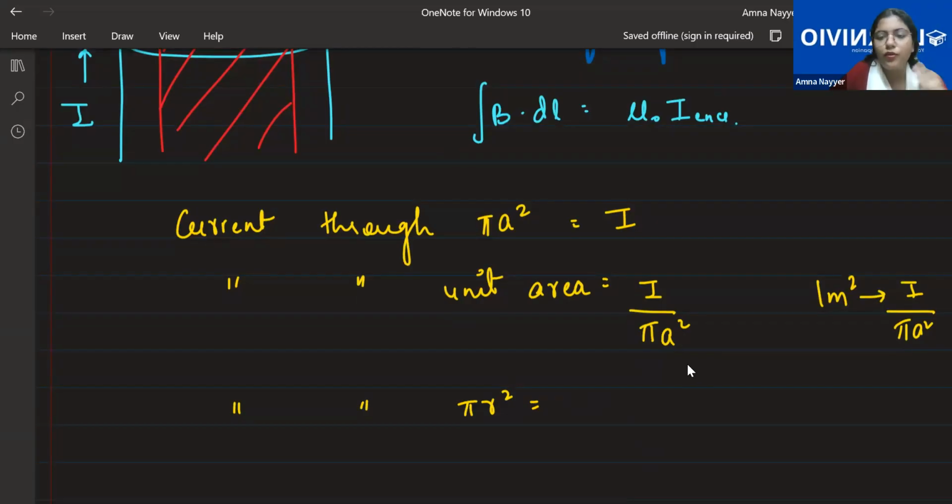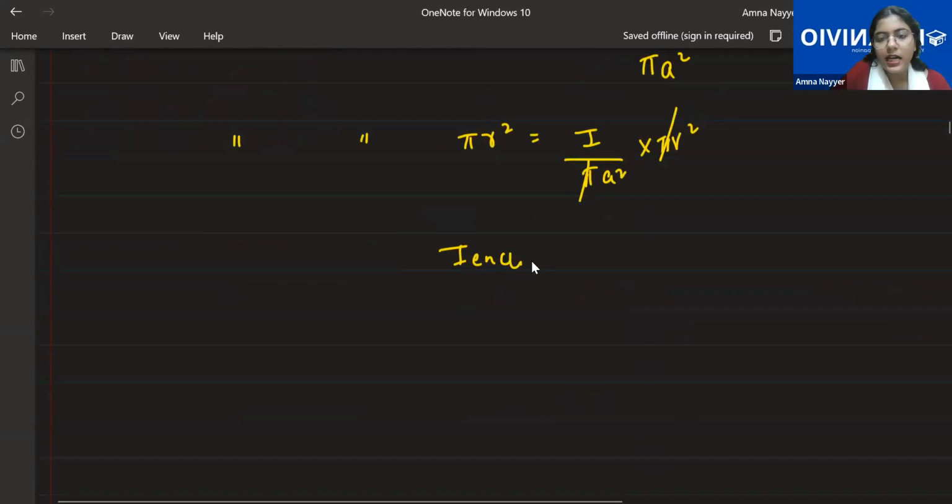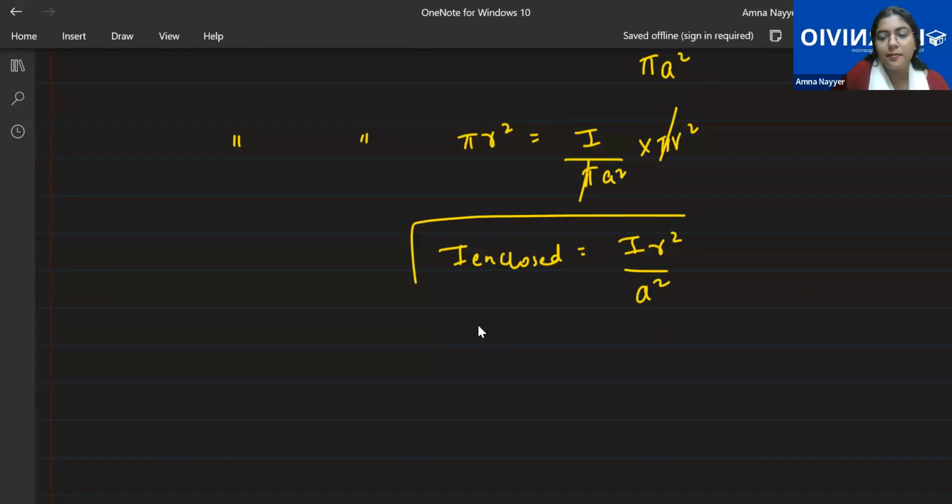For 3 units, you know. For 4 units, you know. For pi r square, you already know. If you know for one, you will be able to calculate for any. So I by pi a square into pi r square. Pi will be cancelled. Look, current enclosed will be I r square by a square. See, this is a part of the total current. Now got it? Yes, ma'am.